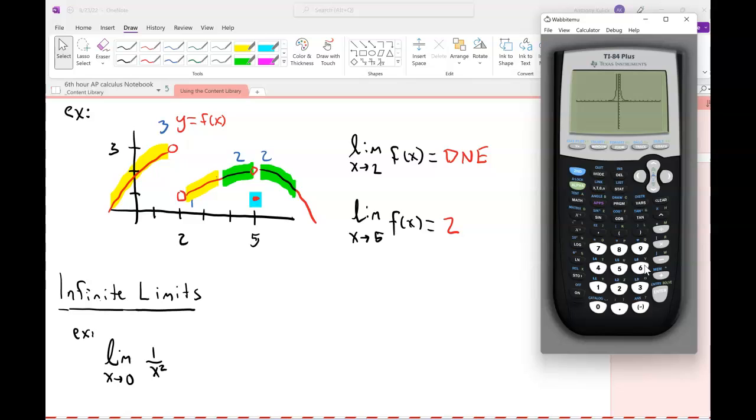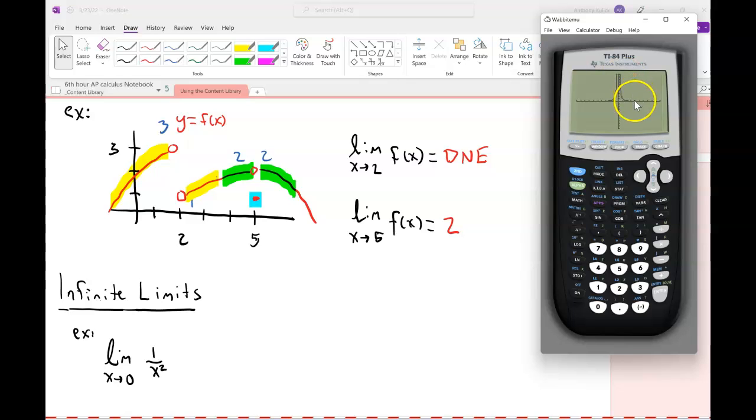Okay, so here's our picture. If I look at my left end here, what does that appear to be approaching as x gets close to 0? Positive infinity. Okay, good.